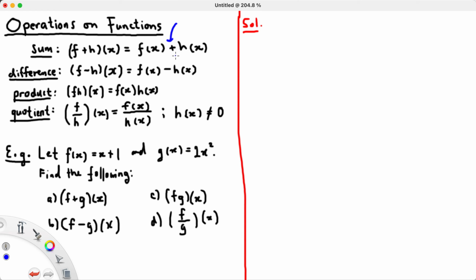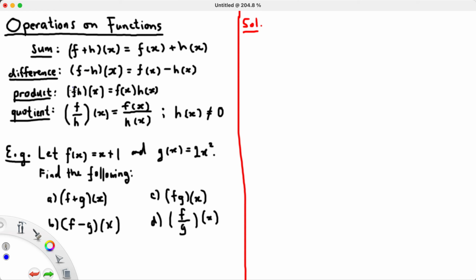Notice the plus sign here. Whatever the sign is, same with difference, that's what we do between the two functions. I want to emphasize that some operations are commutative, so it doesn't matter which order we put them in. But in the difference, it's not commutative, so the order matters.